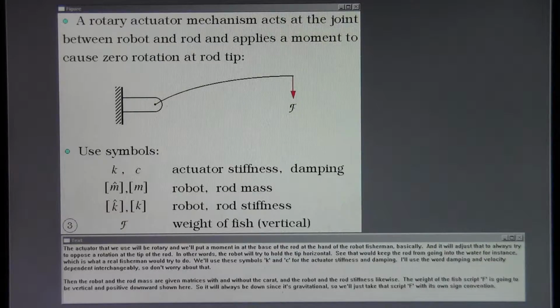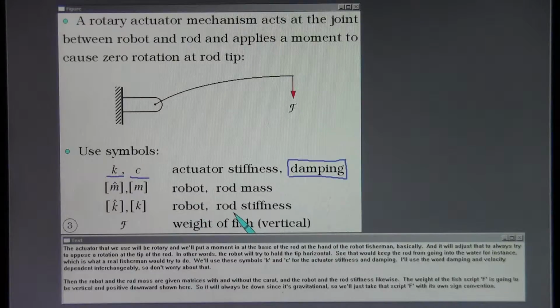We'll use these symbols K and C for the actuator stiffness and damping. I'll use the word damping and velocity dependent interchangeably, so don't worry about that. Then the robot and the rod mass are given matrices with and without the caret, and the robot and the rod stiffness likewise.